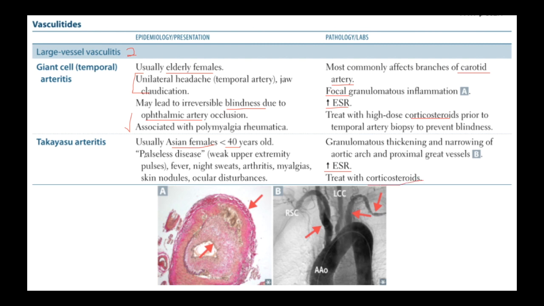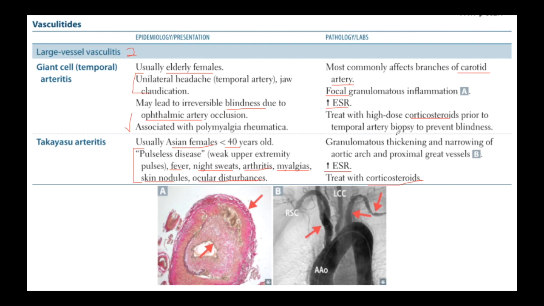Takayasu just one more time, pulseless disease. You can also see the symptoms of inflammation with fever, myalgias, night sweats, arthritis, skin nodules, and ocular disturbances.